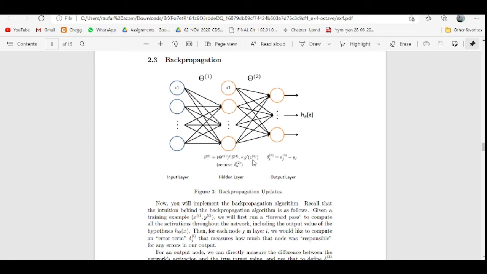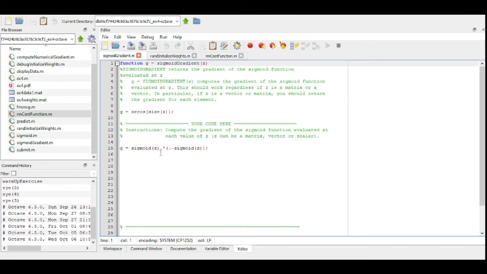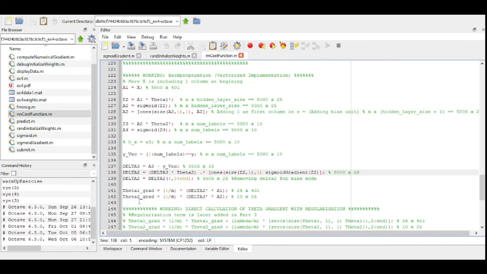This z2 is passed through 1 by 1 plus e power minus x. And I already showed this g of z, the sigmoid gradient, which is equal to sigmoid of z into 1 minus sigmoid of z. That's how we can calculate the error of the second layer.